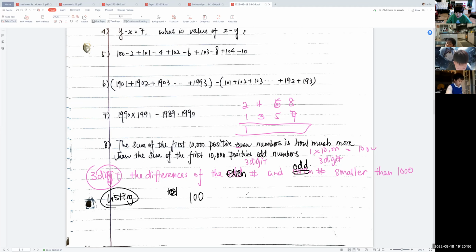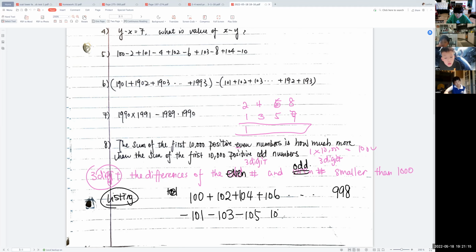So it's like that, right? So the last one is 998, right? Minus 101, minus 103, minus 105, 107, and all the way to 999, right? Correct? So what is the answer?